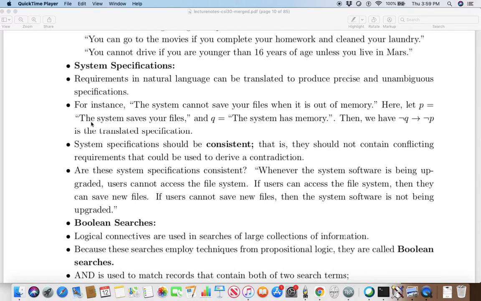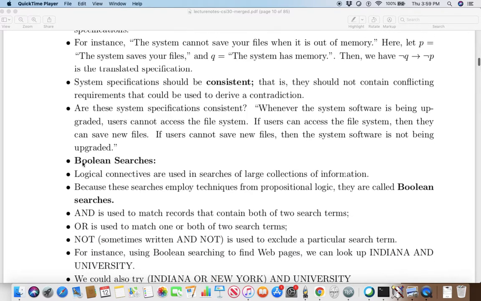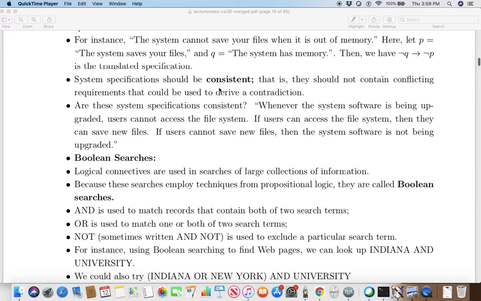So cannot means not P. Q, the system has memory. So out of memory is not Q. So when not Q, not P happens, you see. So not Q implies not P. That's the translated specification.